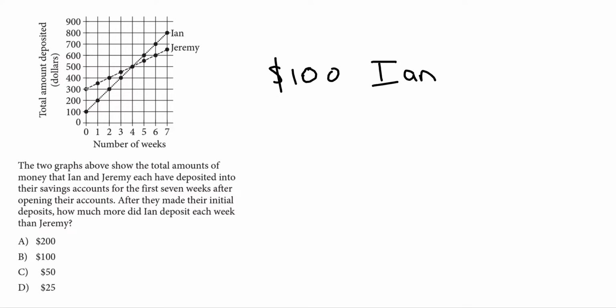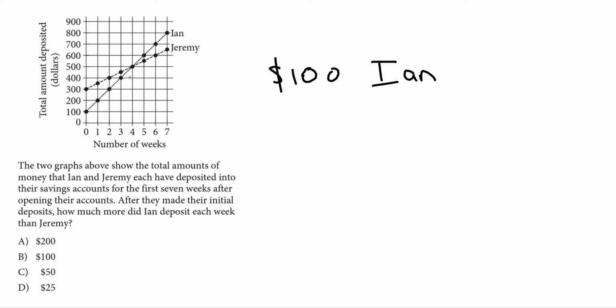If you look at Jeremy, he starts off with $300 when he creates his account. And on week number 1, he's putting somewhere between 300 and 400. On week number 2, we can see that Jeremy has $400 in his account.